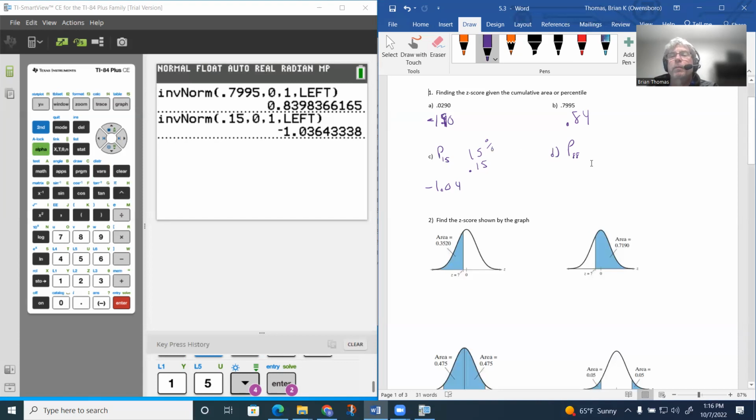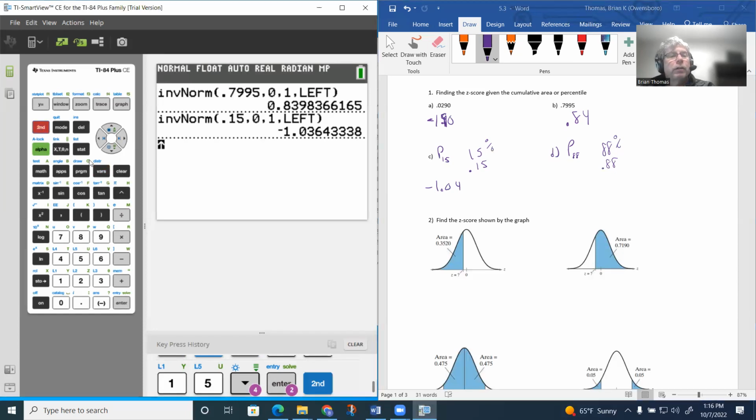And then this percentile of 88%, we want to find the z-score of that. Percentile means 88% of cumulative area, or I've done 88% better than the rest of the people. As far as our inverse normal goes, to find the actual z-score that goes with that, we do the 0.88.